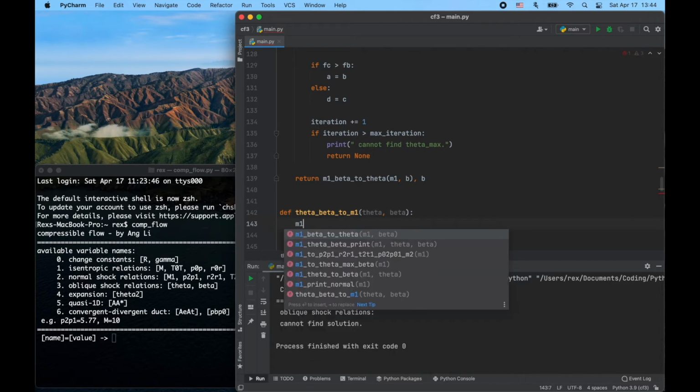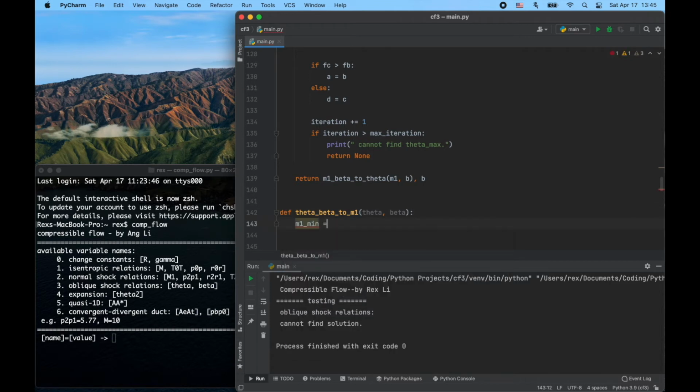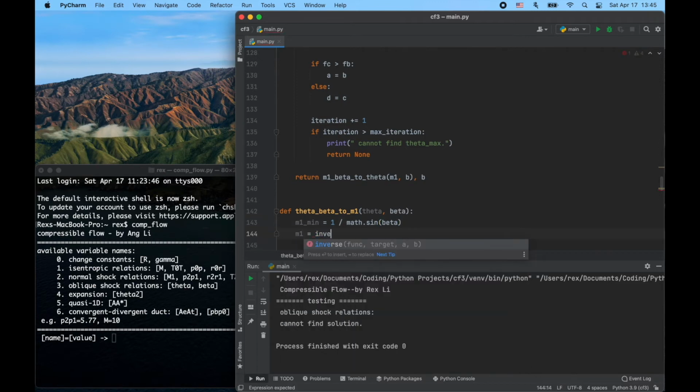The minimum Mach number can be found if beta is just mu, which is the Mach angle. So like that. And using this function, we can find it.